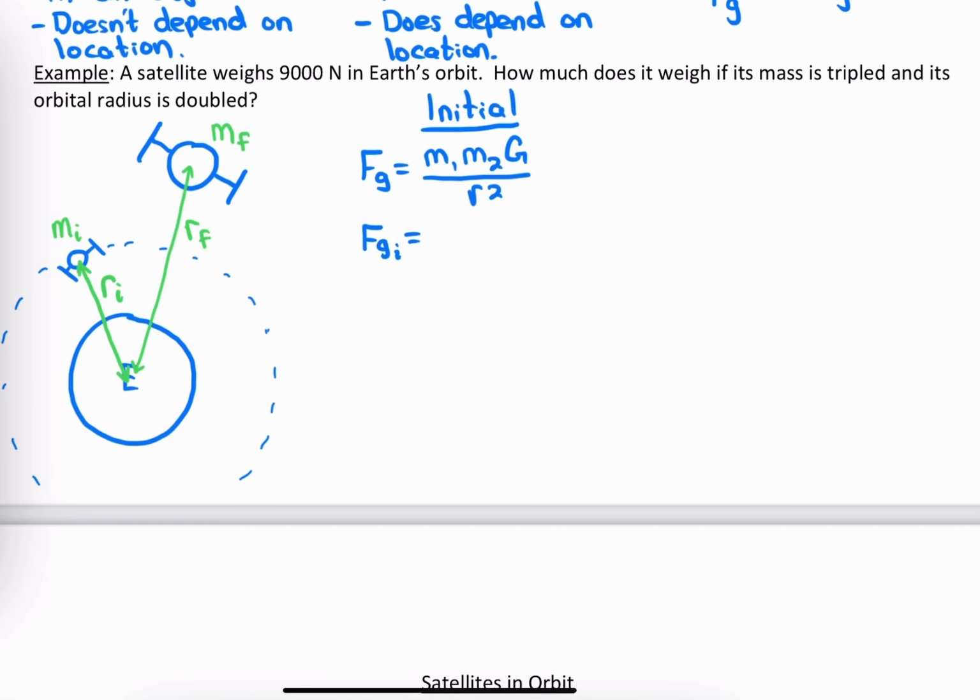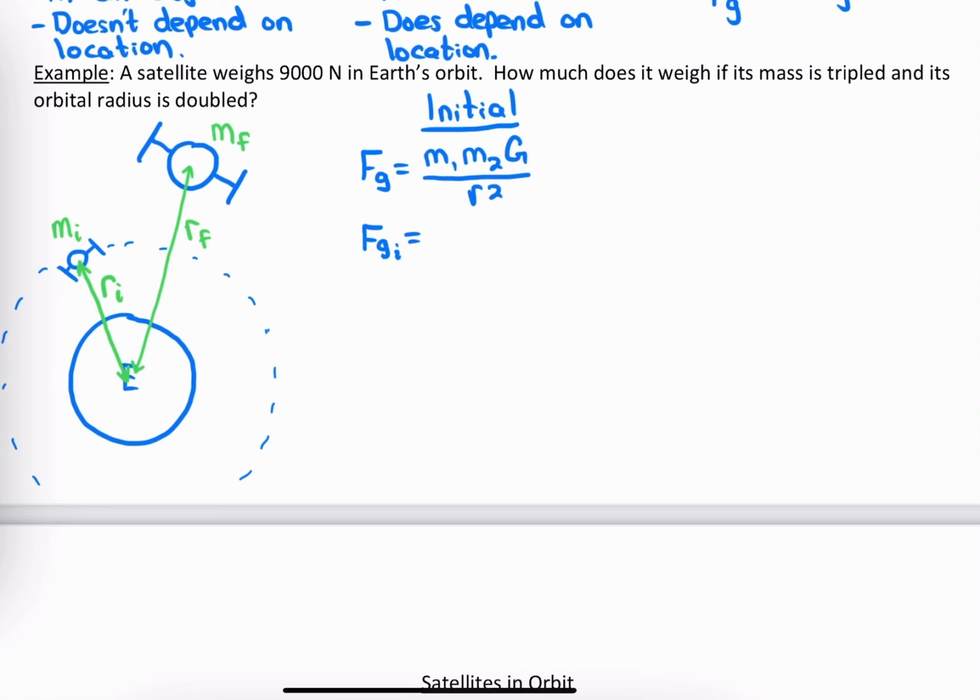M1 and M2 are going to be the two objects causing this gravitational force on the satellite. So if I'm looking at my little satellite, one of those masses is going to be the mass of the satellite itself. The other mass is going to be the mass of the Earth. Those are the two things that are pulling on each other in this case.